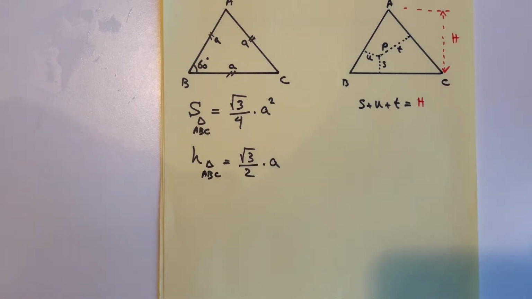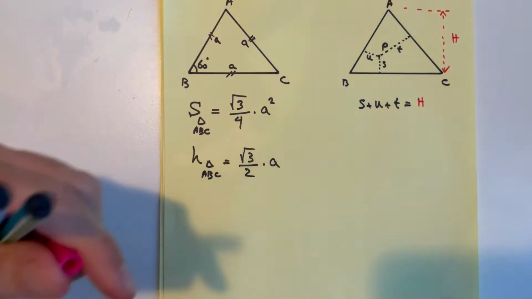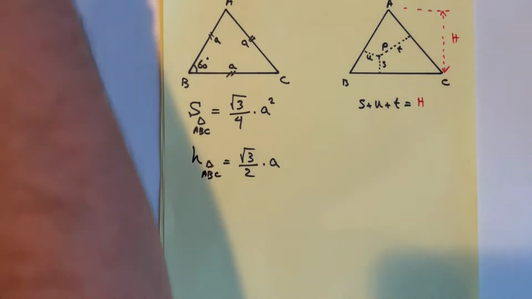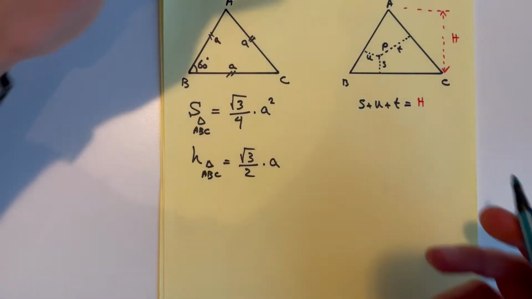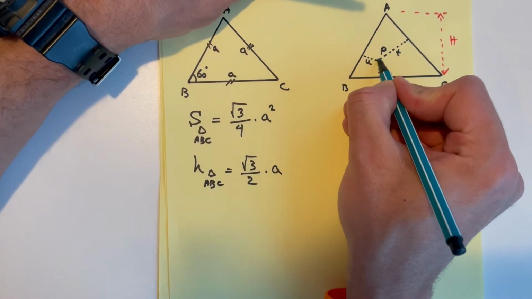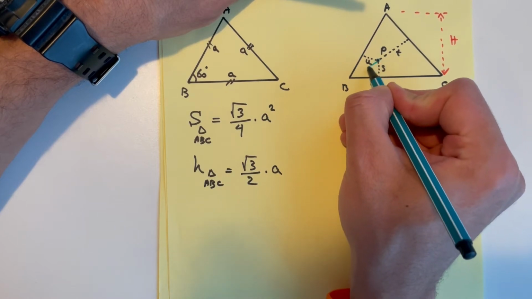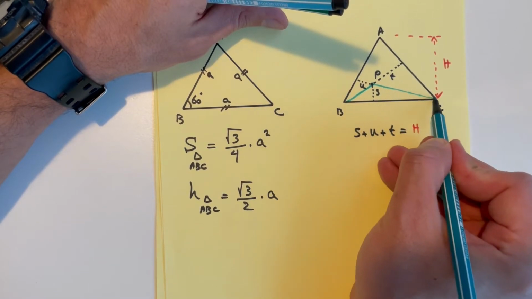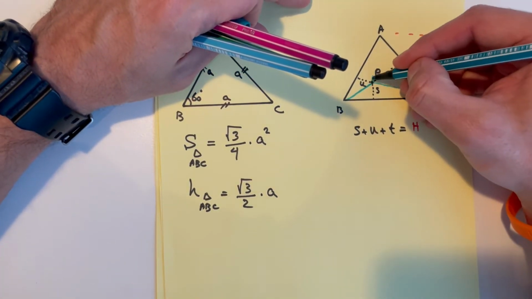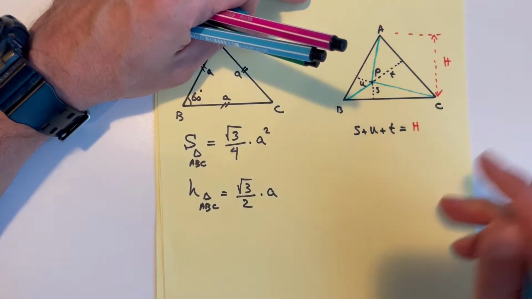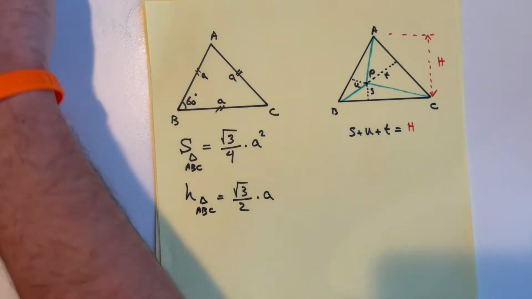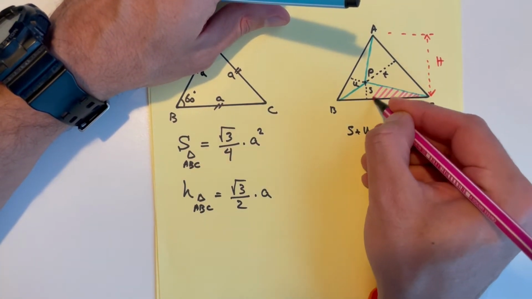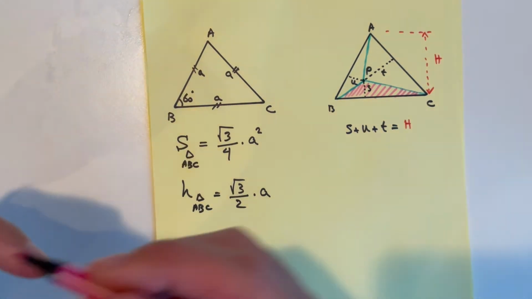To prove Viviani's theorem, I'm going to divide triangle ABC into three triangles using point P. If I connect P to B, then P to C, and then P to A, you see I have three triangles. I'm going to color them just to make them more visible.